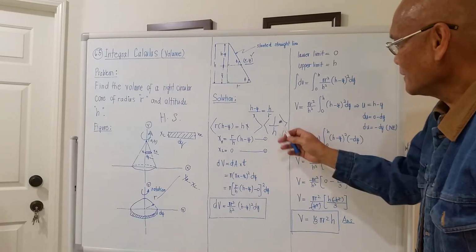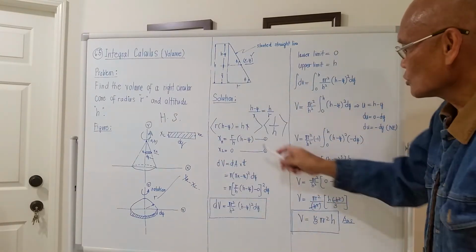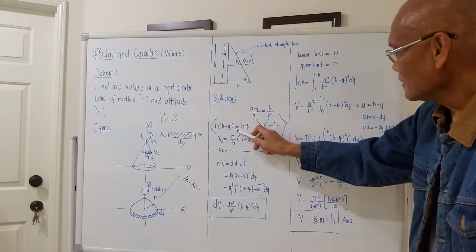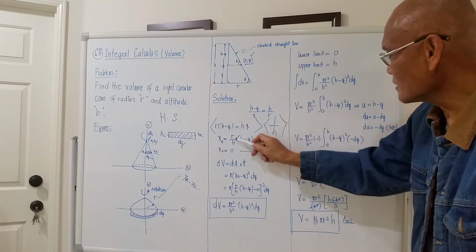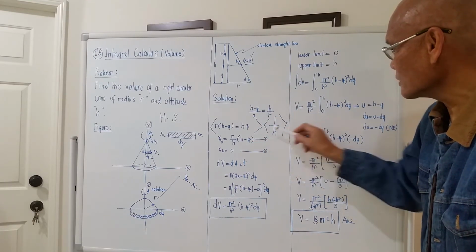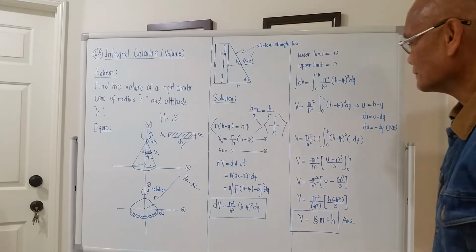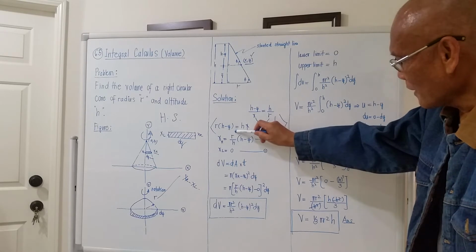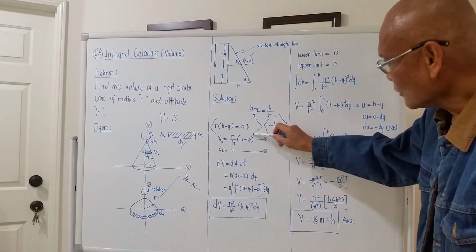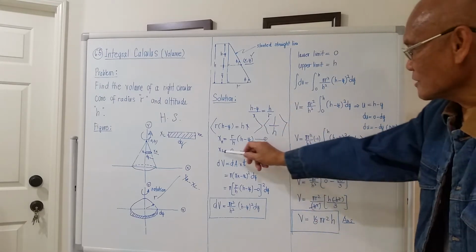What will come out on the left hand side after rearranging will be r times 1 over h. This is r over h times the quantity h minus y, equation number 1. That's the equation of xr as a function of radius, altitude, and y. What is xl?